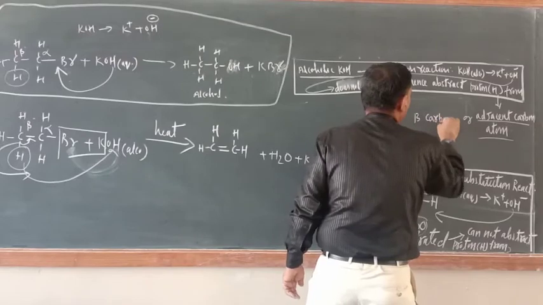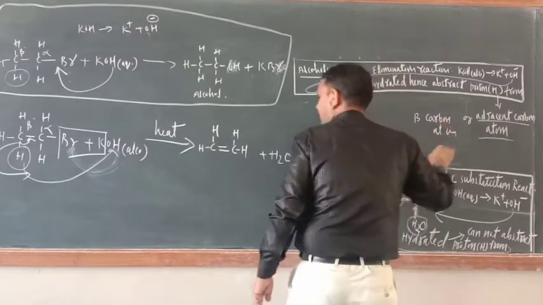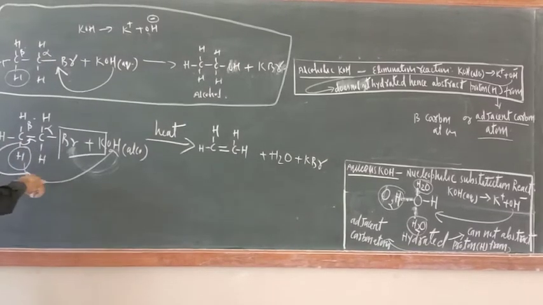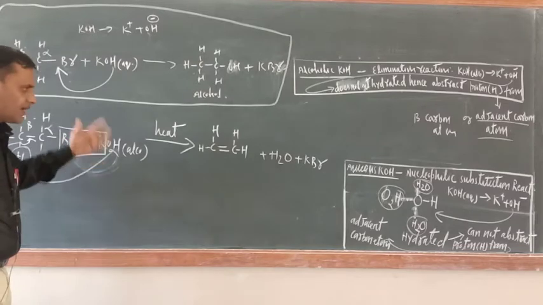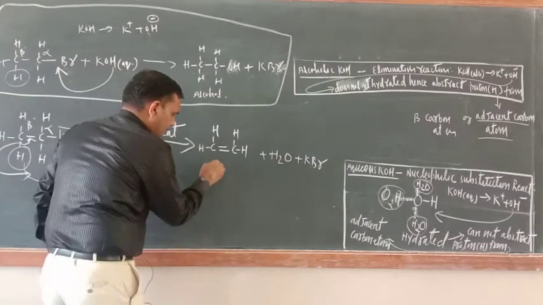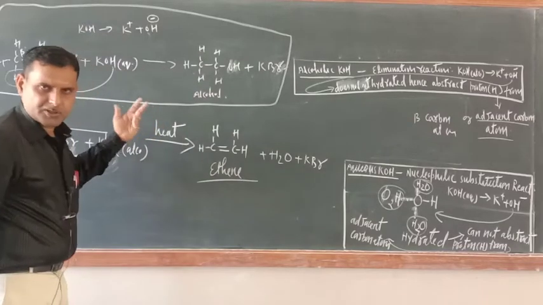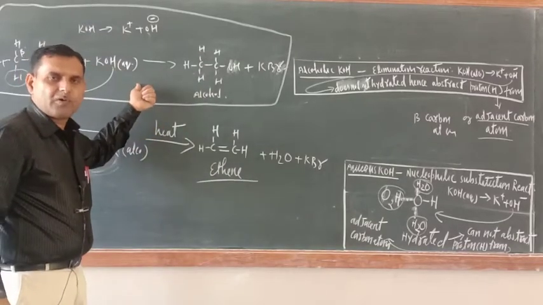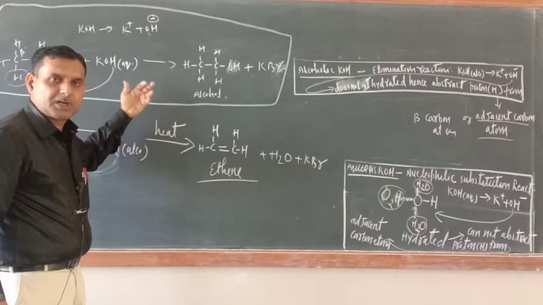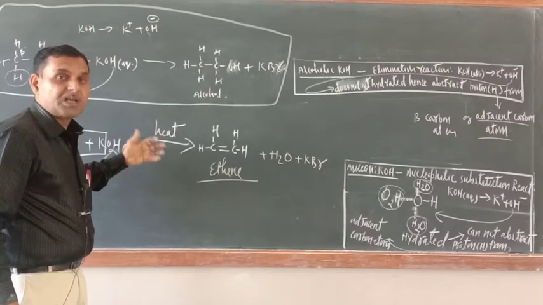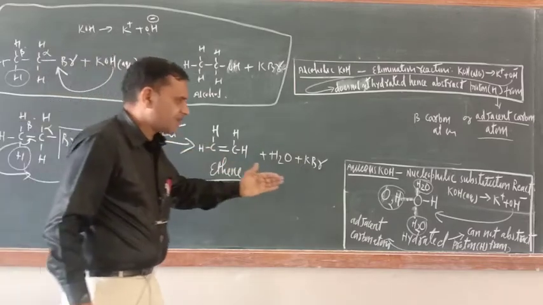This OH has abstracted this beta hydrogen. Then the alkene is the product, ethene is the product. I hope you understood why aqueous KOH brings about substitution reaction and alcoholic KOH brings about elimination reaction. This is the reason.